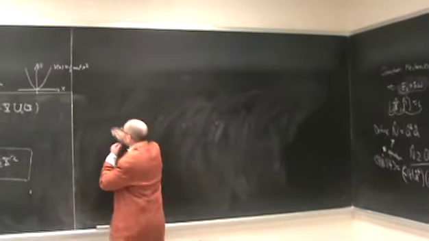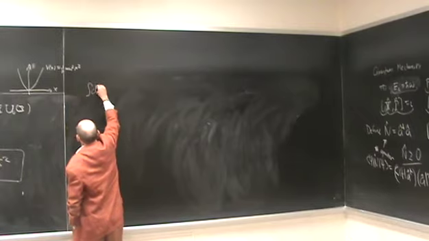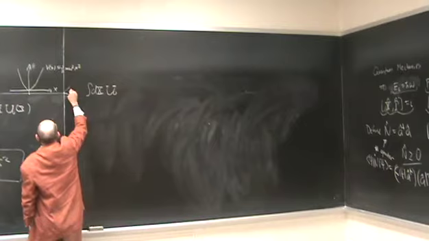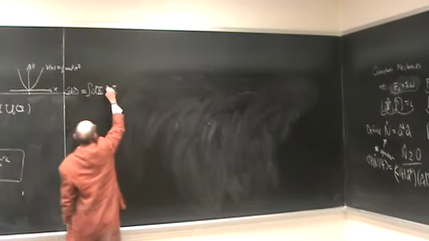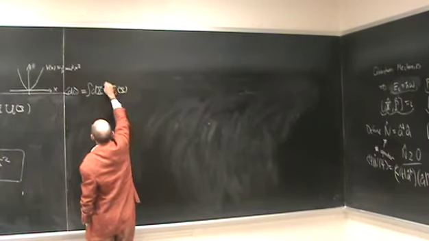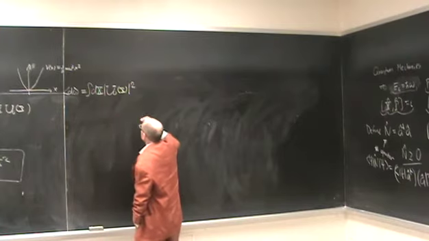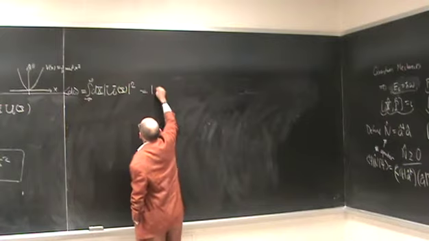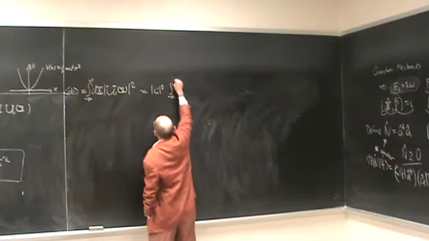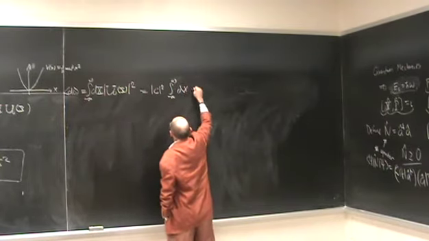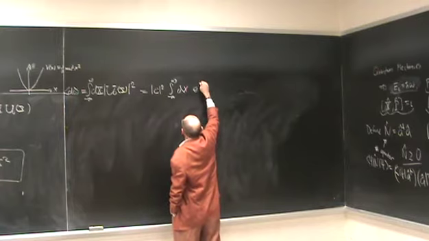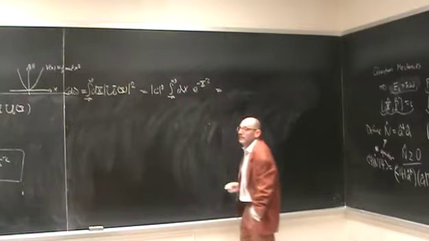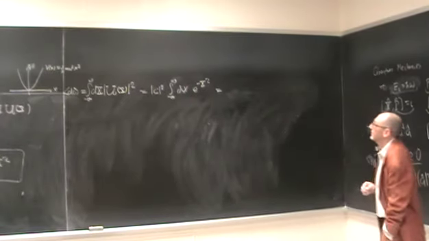All right, so the norm of the vector squared we can do as an integral in position representation. So that's c squared times the integral of e to the minus x squared. Which is what?